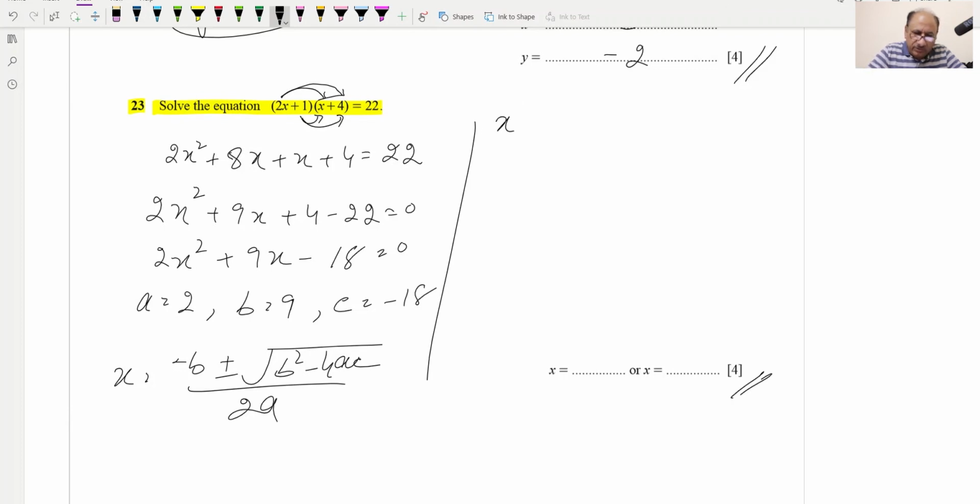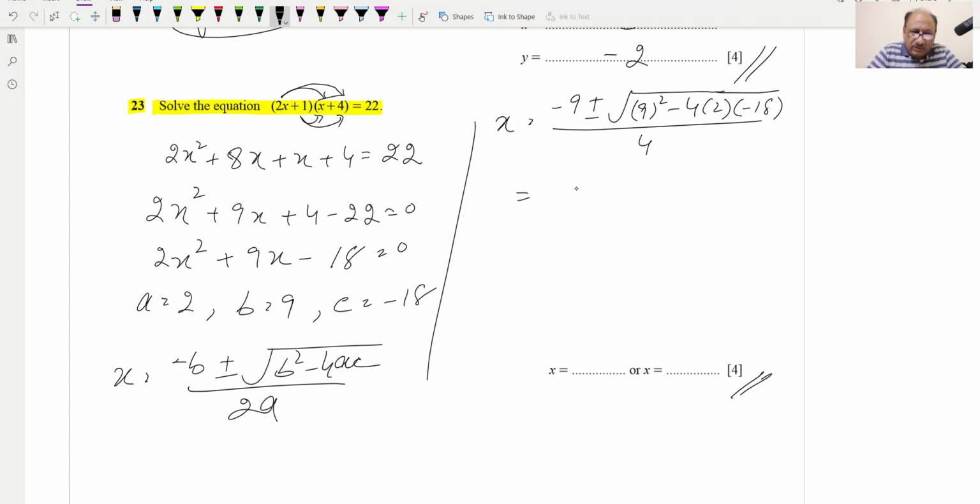So x will be equal to minus b, which means minus 9, and plus minus the square root of b squared, which means 9 squared, minus 4, where a is 2 and c is minus 18, and divided by 2a. 2a value is 2 times 2, so it will be 4.